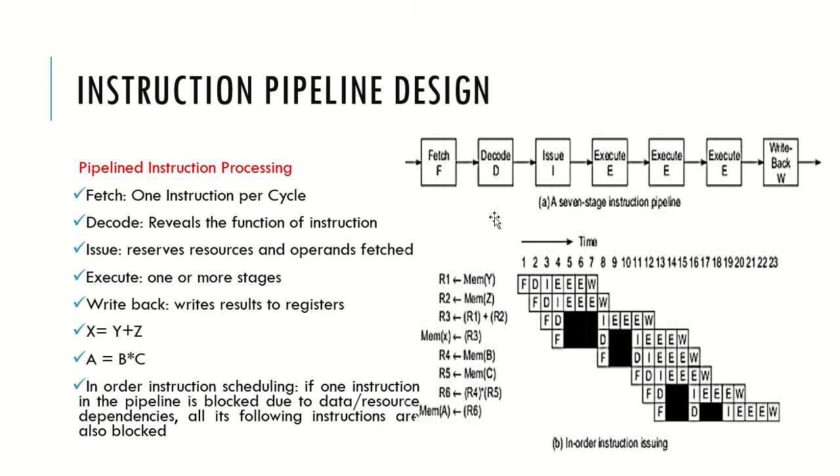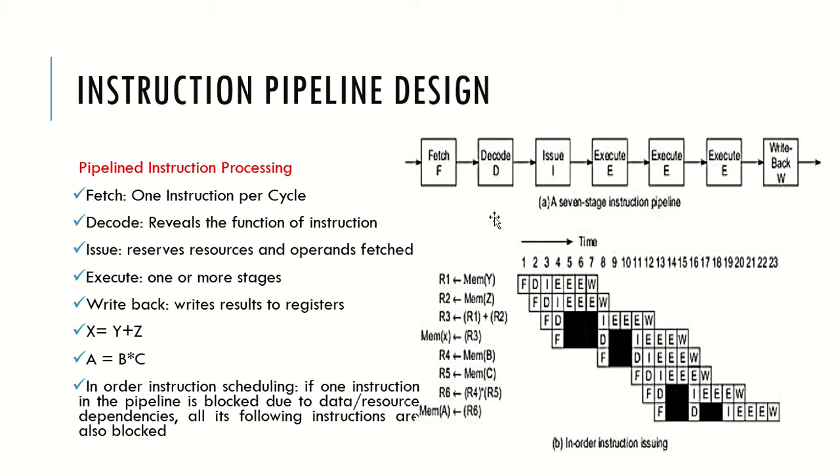You can have one functional unit per stage for fetch, decode, issue and write back, and you can have one or more stages of execute. Fetching is done on the basis of one instruction per cycle, and decode reveals the function of the instruction.